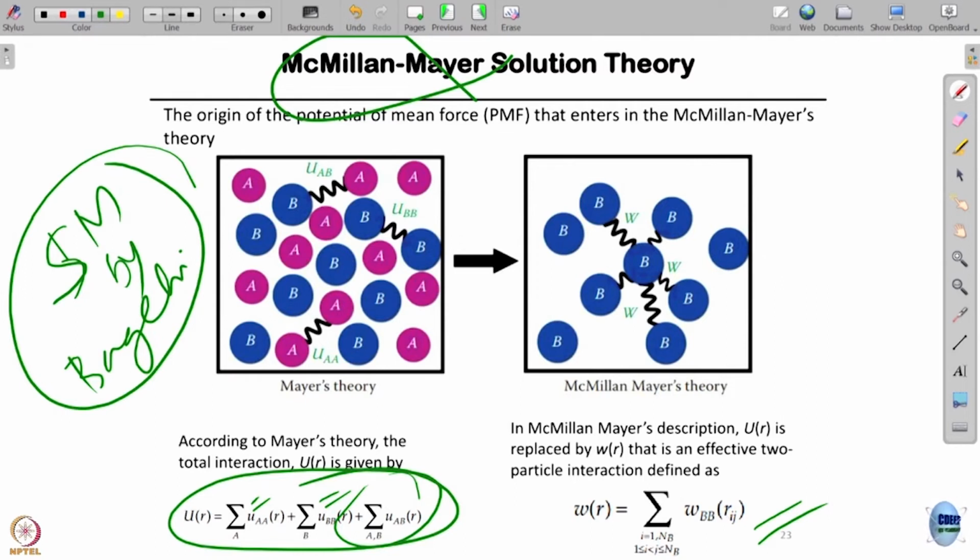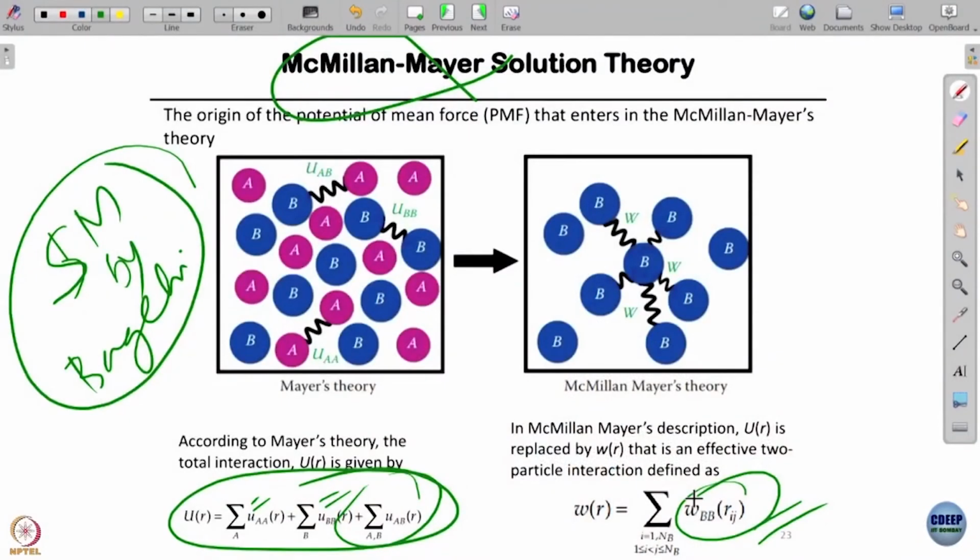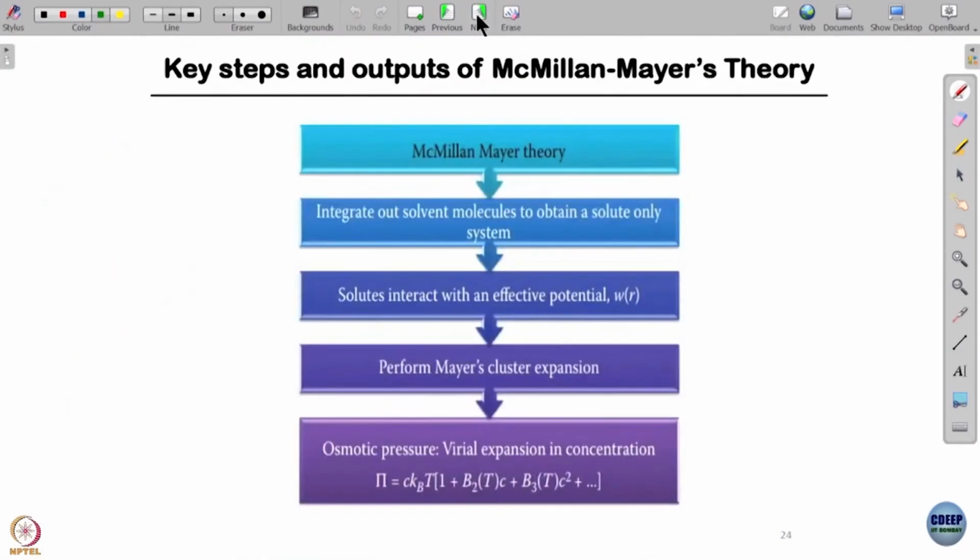Now, if I can have a virial series of osmotic pressure, my second virial coefficient will have the interaction between B and B, I hope, but I am talking about a flow chart, and in the flow chart, how to get the effective interaction. So the basic Macmillan-Mayer theory with osmotic pressure gives me this very important quantity that explains the structure making, structure breaking, all non-ideality and these kinds of things.